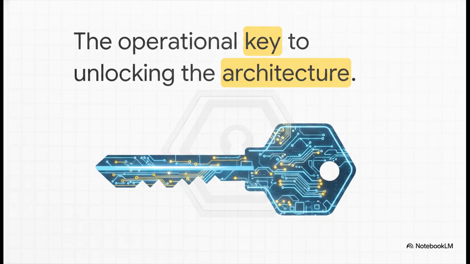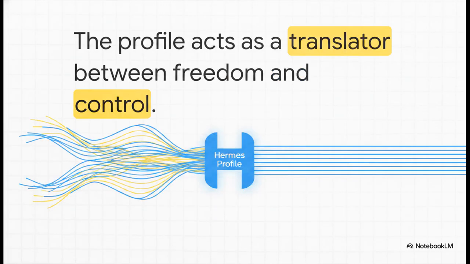So, how in the world is that dual mandate actually achieved? Well, that brings us to the specific end-user mechanism that makes this entire balancing act possible. According to the documentation, the operational key to unlocking the architecture is something called the Hermes profile. The Hermes profile is the exact tool used to bridge the gap between the macro architecture and the individual user. Think of it like a set of perfectly optimized parameters.